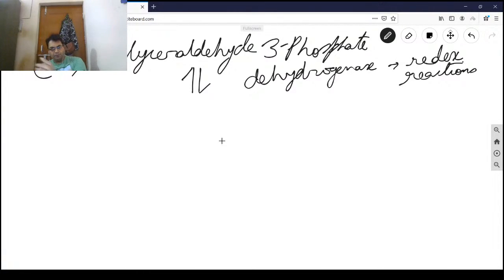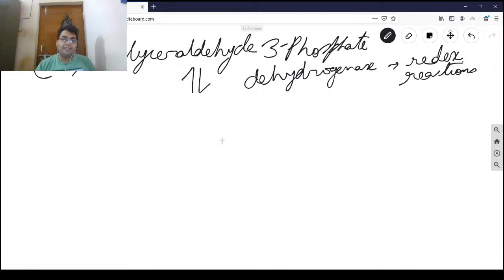Glyco plus glucose disintegration. So in this very reaction, what you are looking at is the disintegration of glyceraldehyde 3-phosphate. So glyceraldehyde 3-phosphate now will get oxidized. In every catabolic pathway, the golden rule in biochemistry is, when you catabolize something, you have to oxidize.